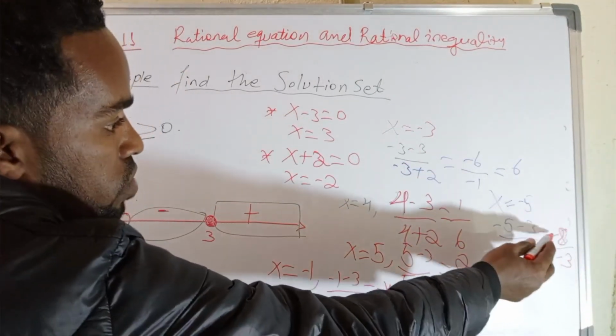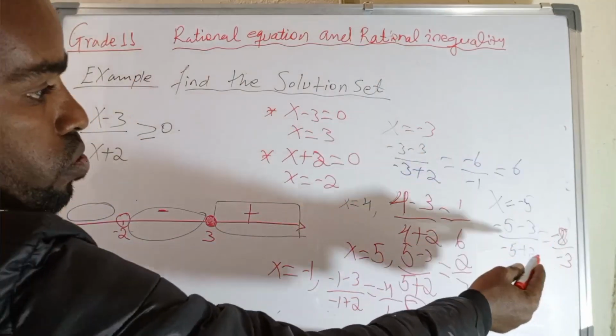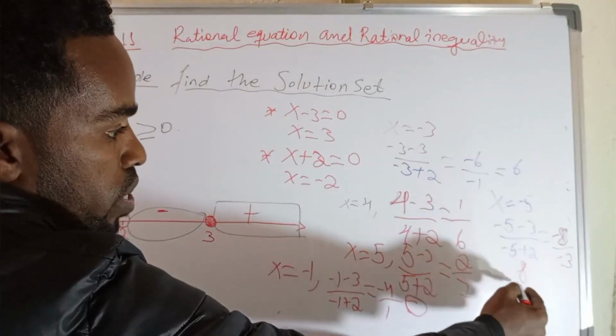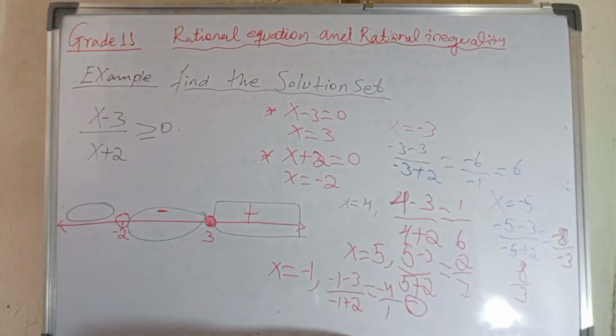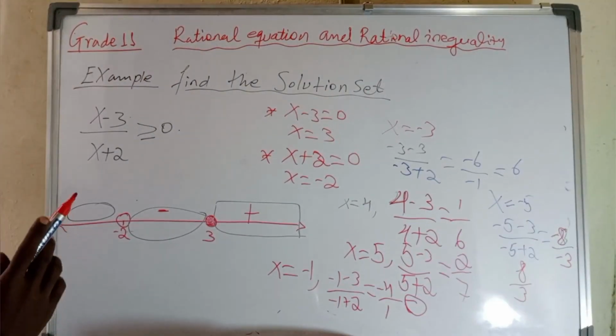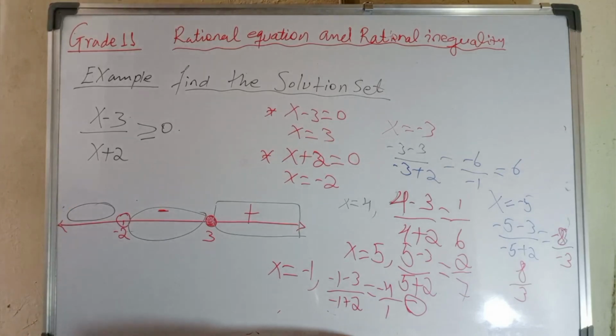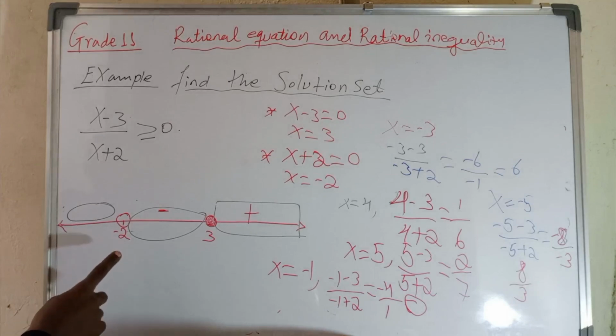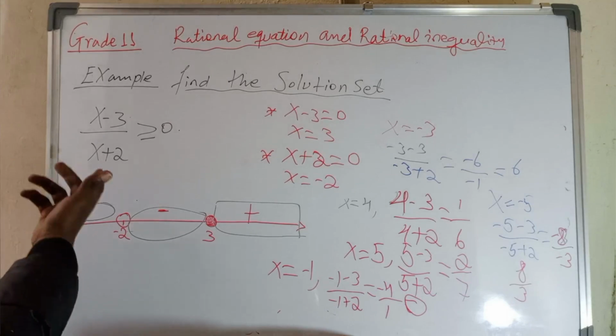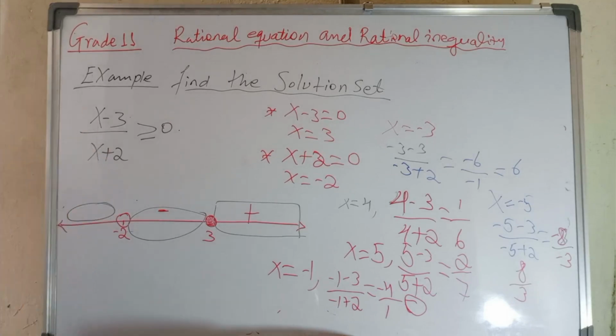So negative divided by negative, we get a positive number, 8 over 3. So the numbers that are less than negative 2, excluding negative 2, because negative 2 makes the given rational expression undefined.